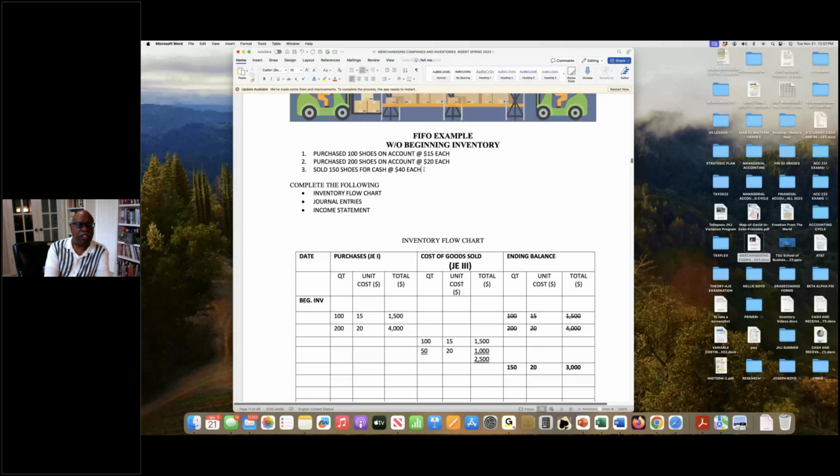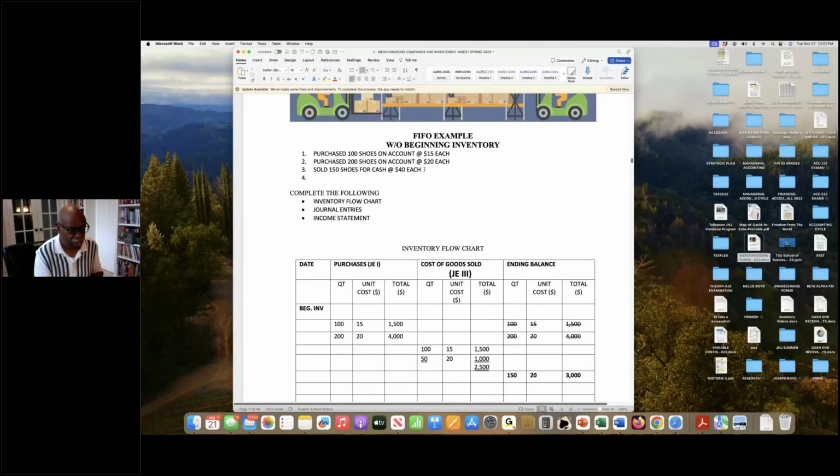In transaction 4, we purchase 300 pairs of shoes, and let's assume that these 300 cost $30 each.